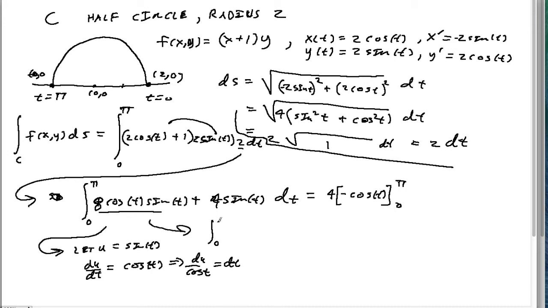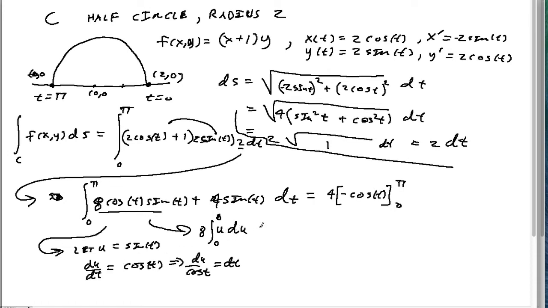So in this integral, sine of 0 is 0, and sine of pi is also 0, and then we get an 8 out front, and then a du, and this integral is from 0 to 0, of u.